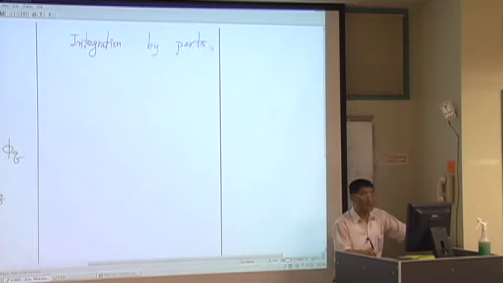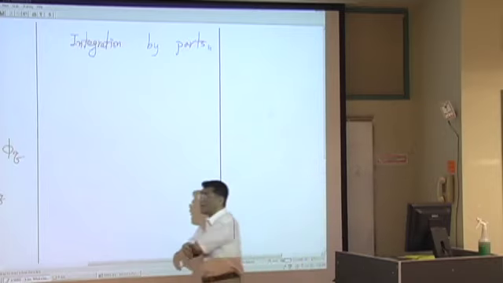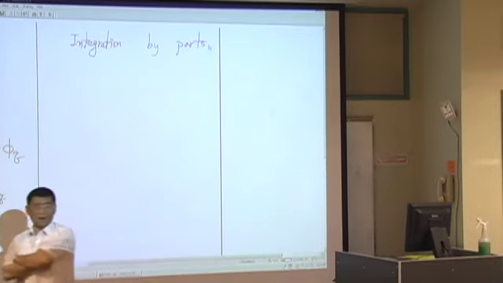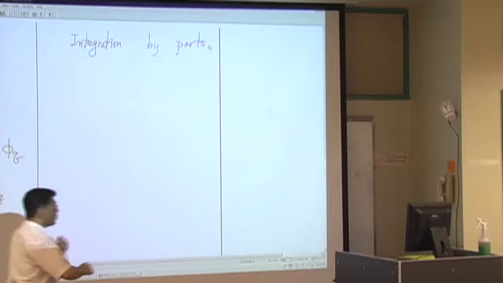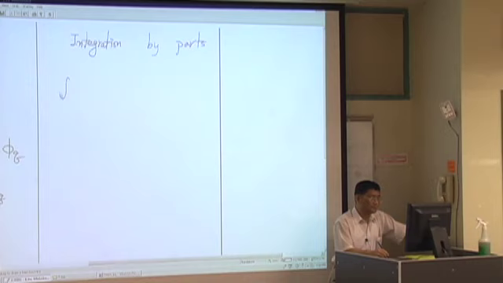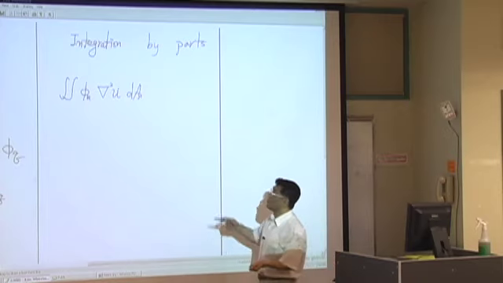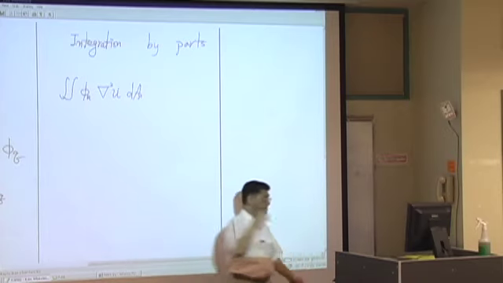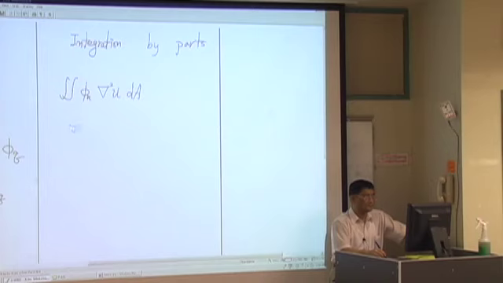Similarly, we have a three-dimensional, or multi-dimensional, version of integration by parts. So roughly, we can write this kind of integral using integration by parts. We use the boundary of these things to get pk, and then the integral of this thing.